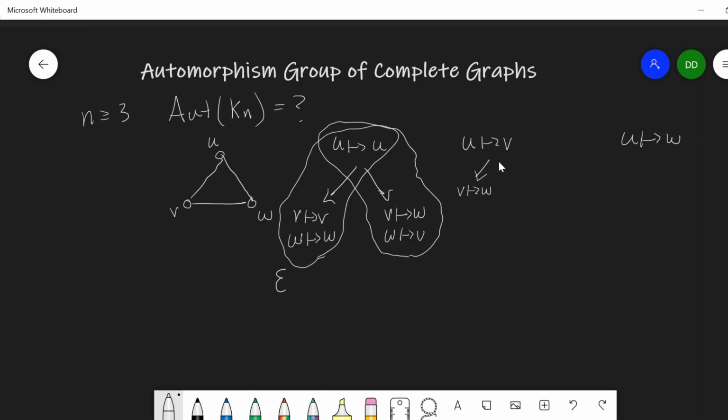That would also preserve edges. So in the case I send V to W, I said U to V, V to W, and then W would have to be sent to U. So this corresponds to a rotation. Or I send V to U and U to V, then W has to remain fixed.